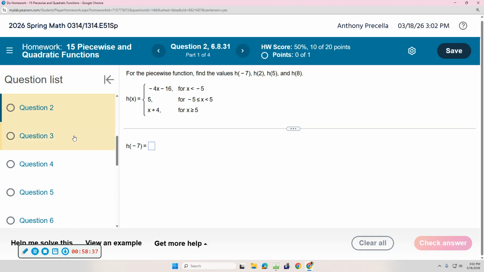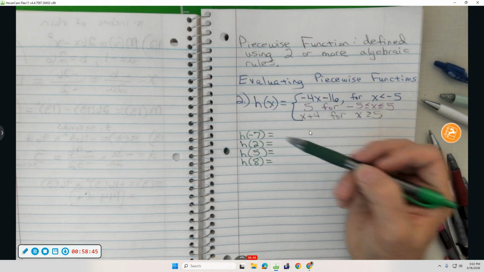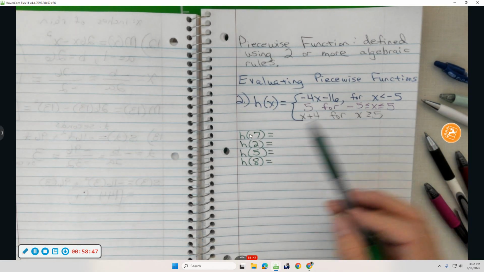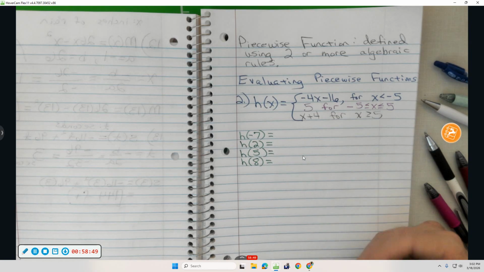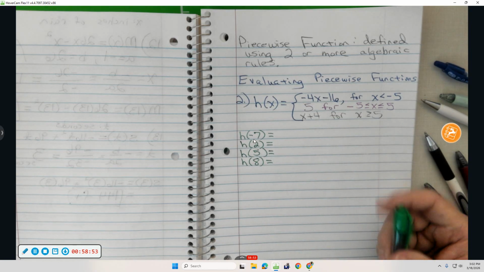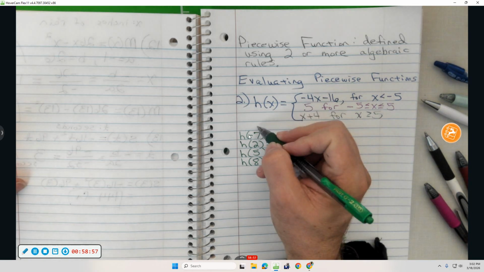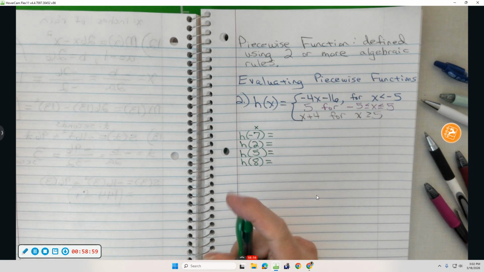So if I plug in negative 7 in this function, and I get 4, and you get 3, one of us is wrong. You can't say, I'm going to just plug it in everywhere there's an x. You have to decide which piece you're going to use. The number in the parentheses, keep in mind, that's the x value.